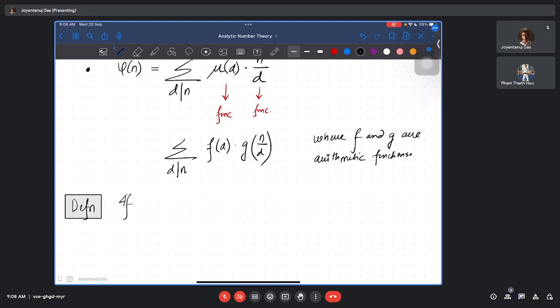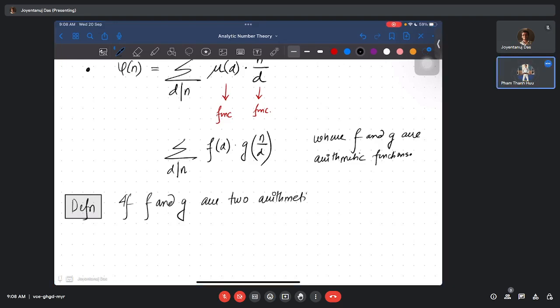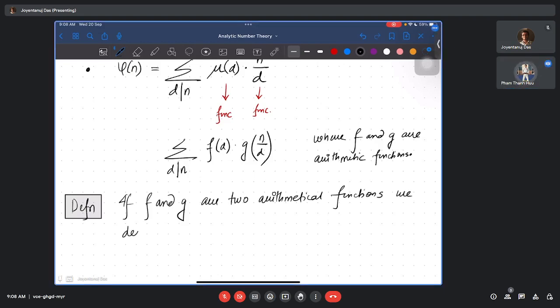if f and g are two arithmetical functions, we define their Dirichlet product.